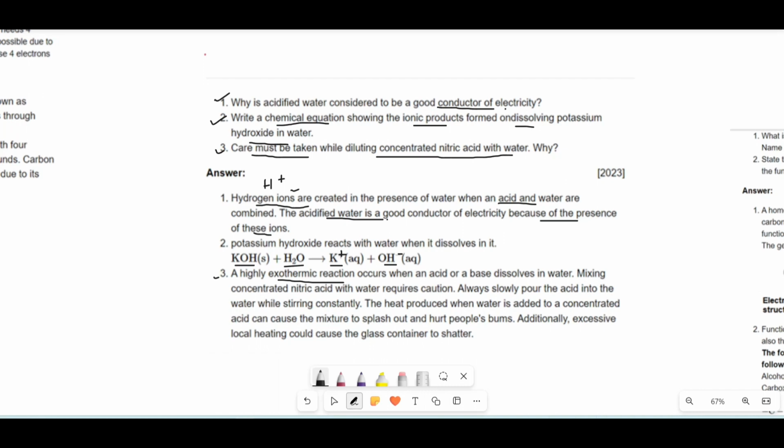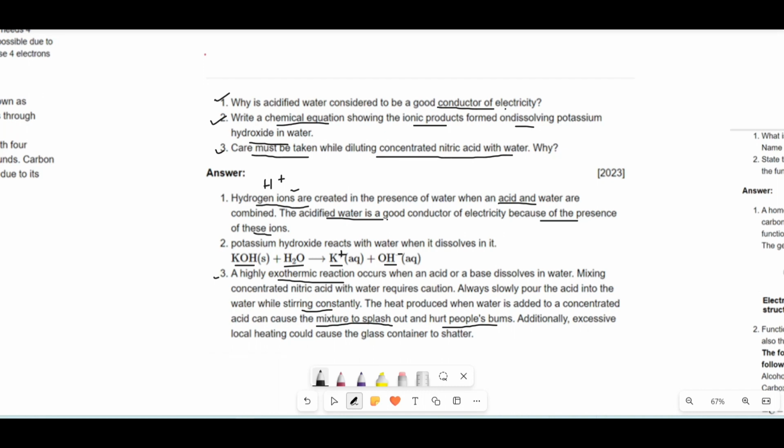Always add the acid slowly into water, and you should stir it constantly because it's an exothermic reaction. So much heat is produced. The heat produced when water is added to concentrated acid can cause the mixture to splash out and cause burns. Additionally, excessive local heating could cause the glass container to shatter.